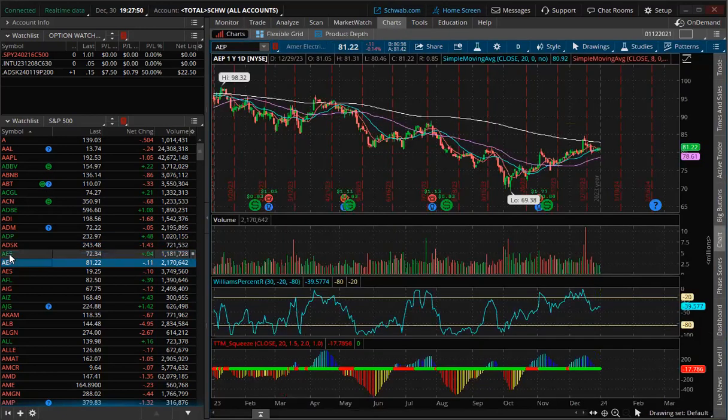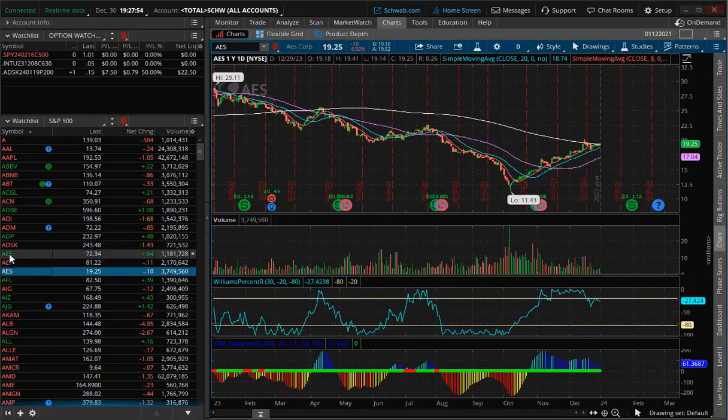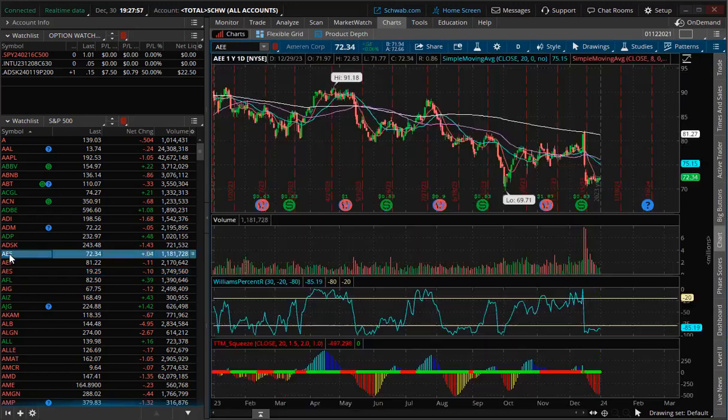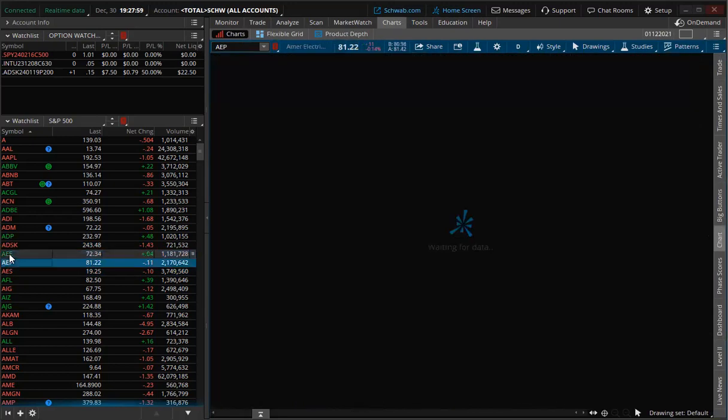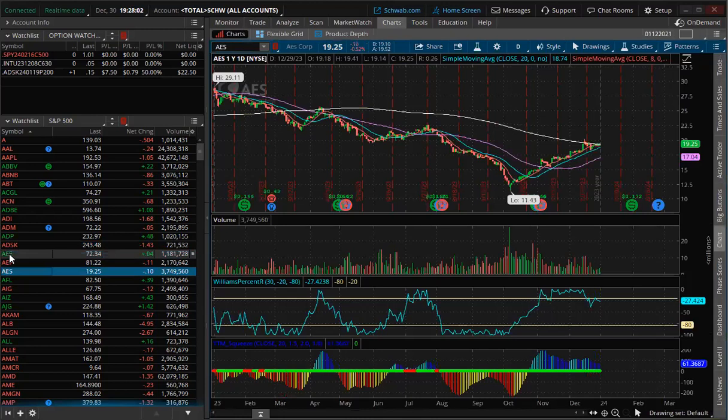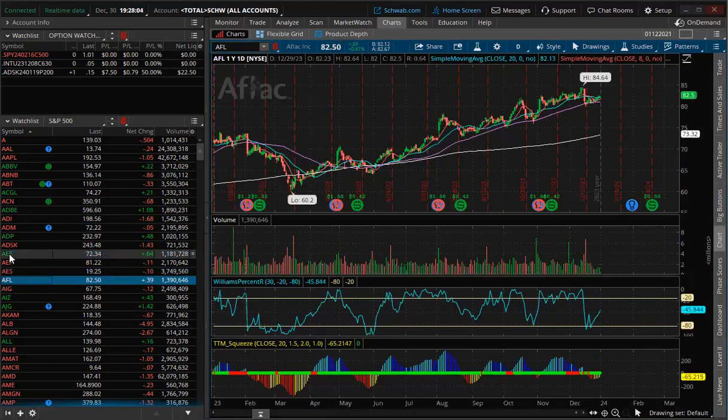But this is what we're doing. Okay, here goes somebody. AES. Okay, but it's a little bit low. AFL, AFLAC, just had a recent high at 84.